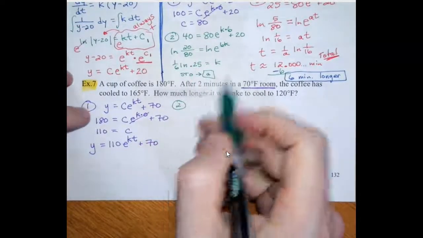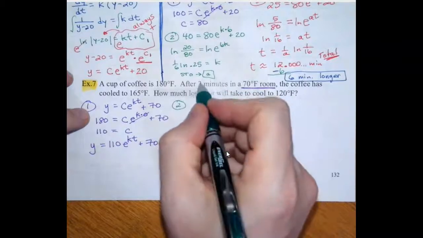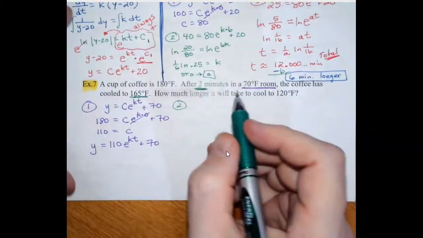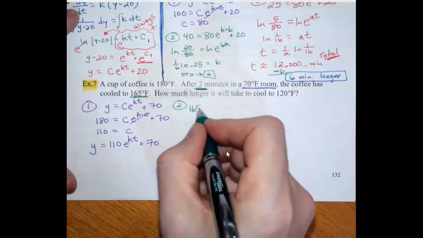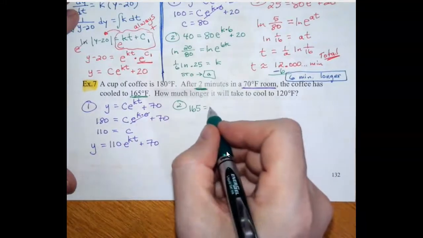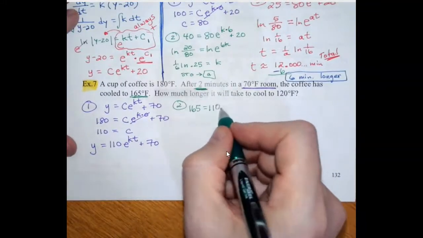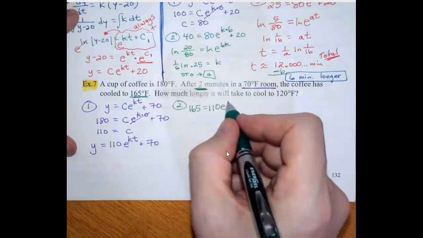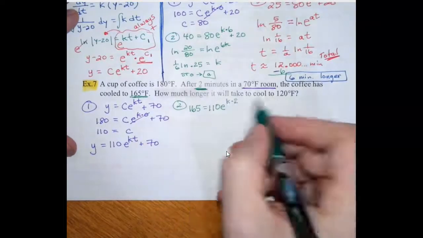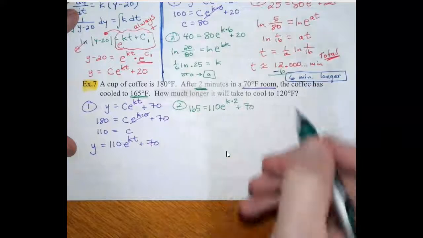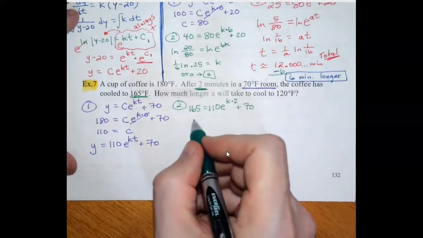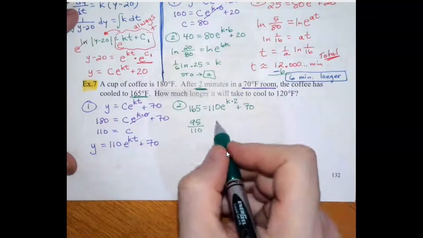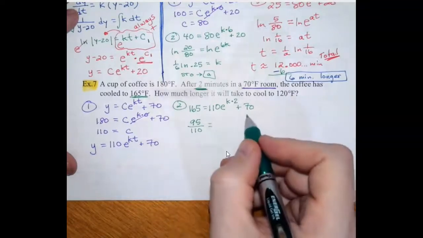So step 2 is right here. That's when we take the other piece of information. So here's where the 2 minutes and the 165. So after 2 minutes, it's 165. So we found C was 110, so there's the formula, and e, and 2 minutes, so that's K times 2, and plus the 70. So if we subtract the 70, we're going to get 95, and if we divide by 110, we'll get that.